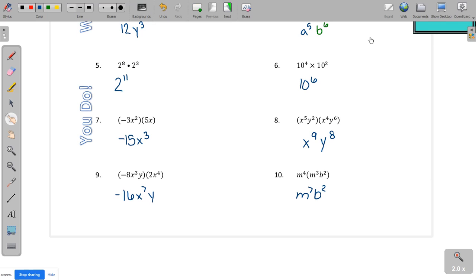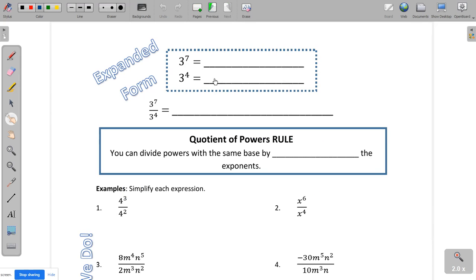So that is multiplying. Now let's look at dividing. We're going to do it the same way with expanding out our numbers. So 3 to the 7th is 3 times itself 7 times. And 3 to the 4th is 3 times itself 4 times.